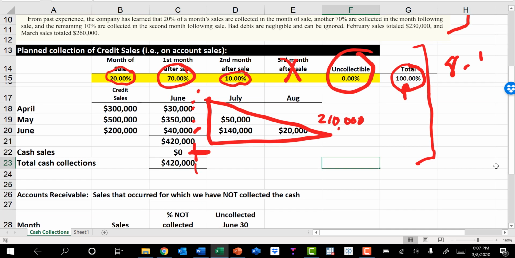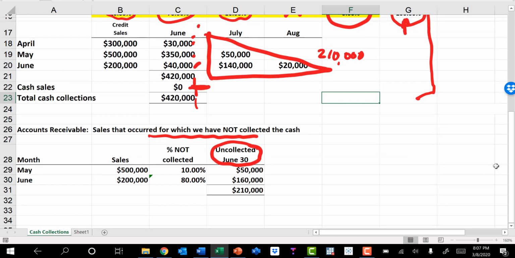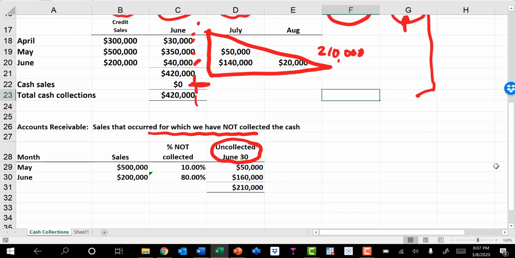Now, alternatively, you can do it this way. May and June are the months, and remember, this is what I was saying, sales that occurred for which we have not collected the cash. So at the end of June, uncollected June 30, I've still got 10% of May. Okay, so I've still got this 10% out here of May.